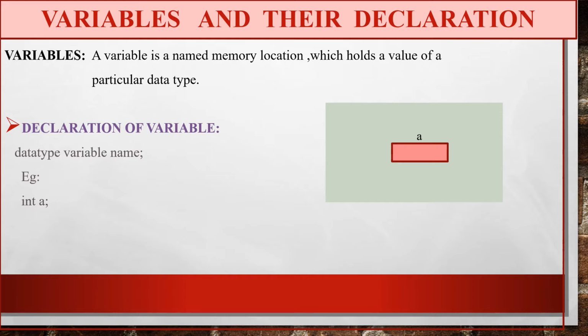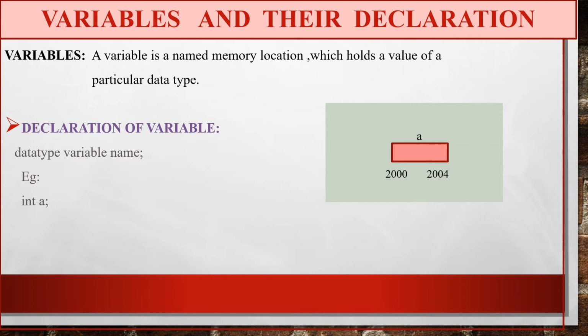And then some memory is given to that particular memory block. How much memory will be given? That is decided by the data type of the variable. Here we are using the data type integer, and if you remember children, for the integer data type 4 bytes of memory are allocated. That means if this block starts with the address 2000, the total size of this memory will be 4 bytes.